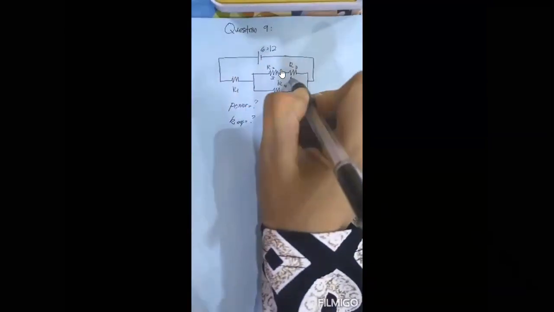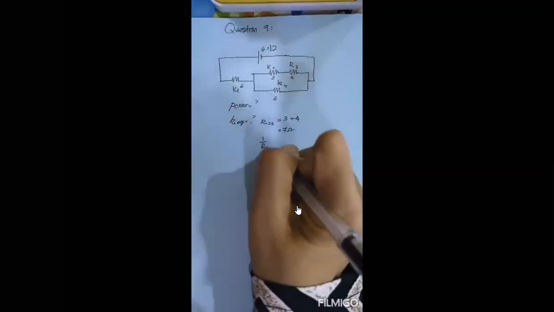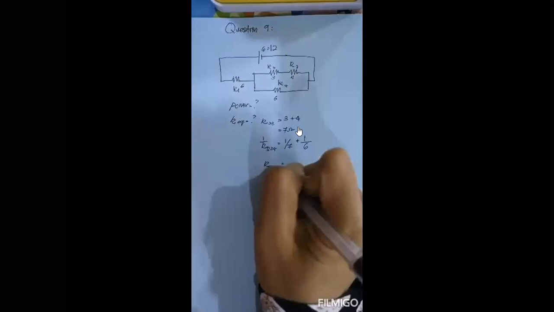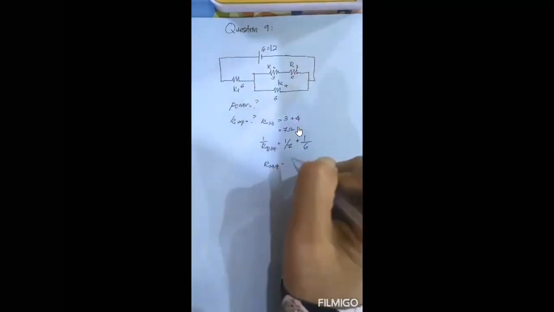You want to calculate the power on R3 here. So you need to apply the concept of parallel and series connection. Let's see how to solve it. R2 and R3 are connected in series, so 3 plus 4, we get 7 ohm.